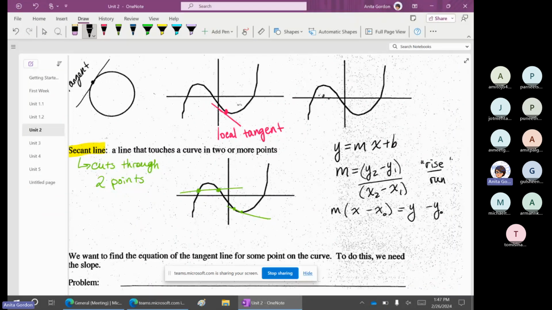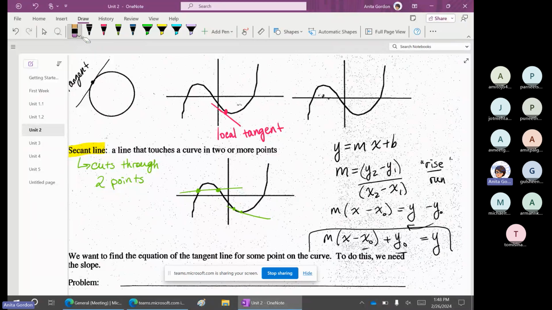And I can rearrange this further to say m(x minus x naught) plus y naught equals y. And now I have the equation in mx plus b form, but using a point rather than the y-intercept, right? If I had a y-intercept, my x naught would be 0 and my y naught would be b. But now I don't need the y-intercept.